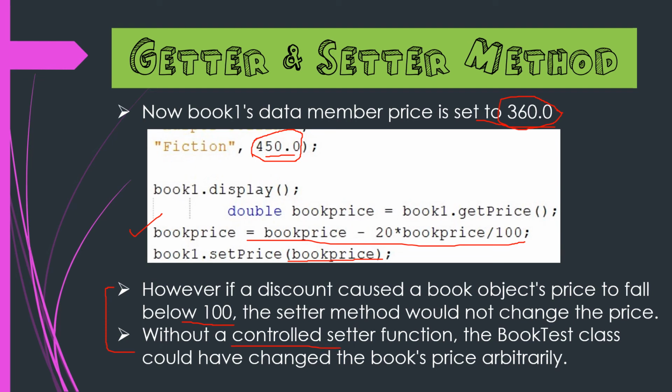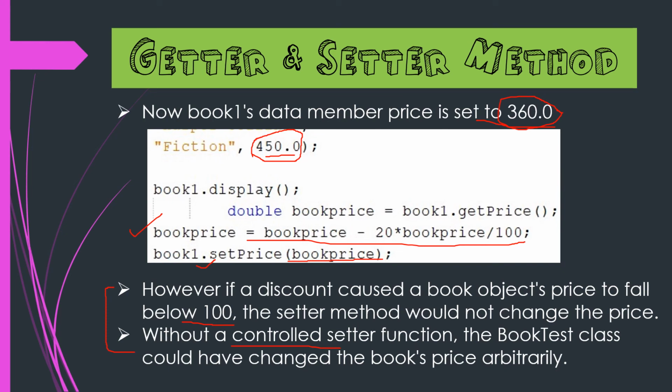Why controlled setter function? Because we had given the if else condition in the setter method only. So that is why we are saying that it is a controlled setter function. If we did not have any controlled setter function, meaning we had not used any conditions in the book class setter method, what would happen? The book test class could change the book's price, meaning whatever price the book test class wanted, it could change.